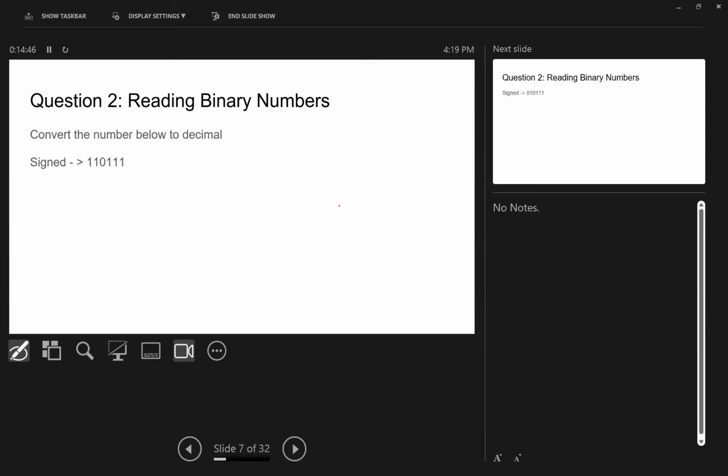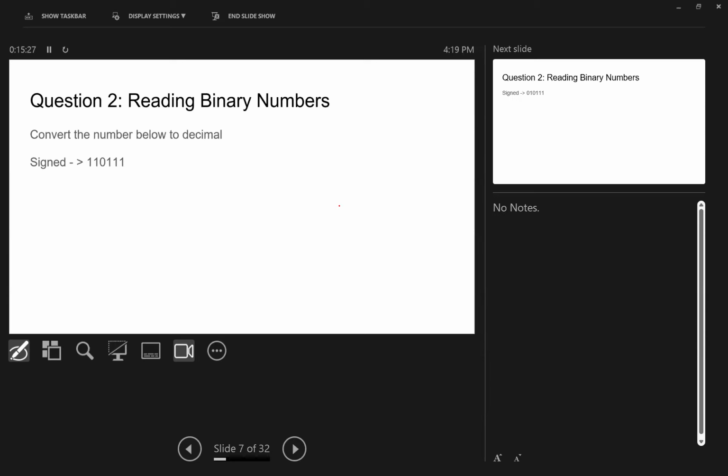So if we're going to transform the sign magnitude back to the decimal, we only need to care about the absolute value of these numbers, the bits without the MSB, right? And how could we transform these unsigned numbers to decimal? It's quite simple, right? We just use the equations we are familiar with. It means that we have 2 to the 4 in decimal notation, and 2 to the 2, and 2 to the 1, and 2 to the 0.